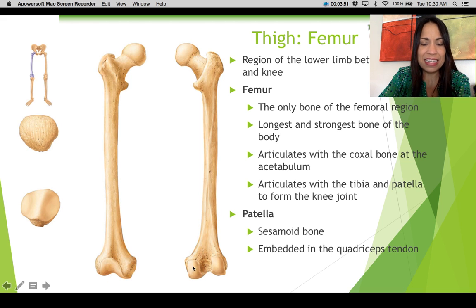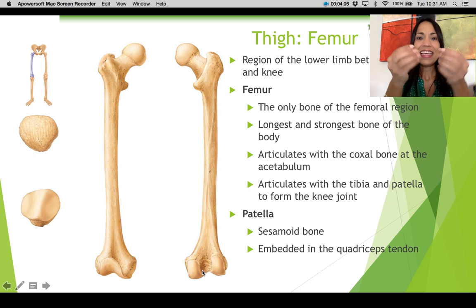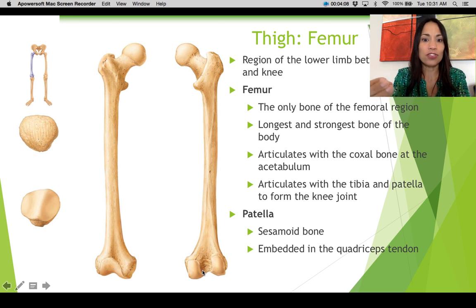Distally, see that the femur ends in these two round projections. They're called condyles. Aha! Remember the word condyles, which means, what are you going to ask me now? Yes, it's a place for articulation. So the first question that has to pop in your mind is, what bone articulates there?